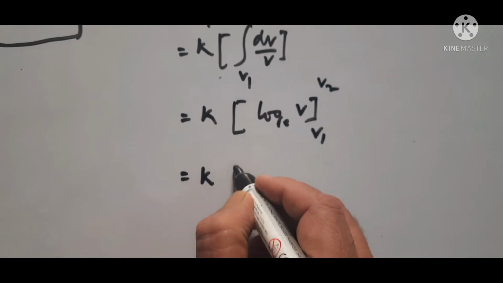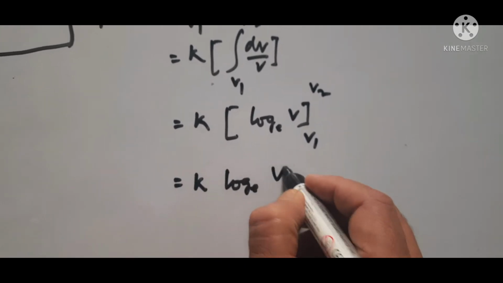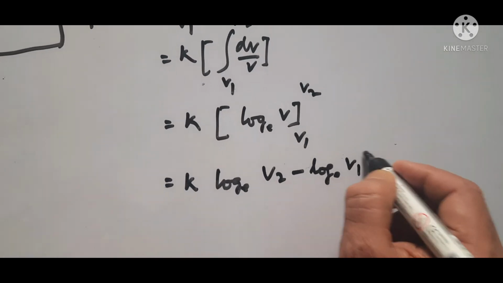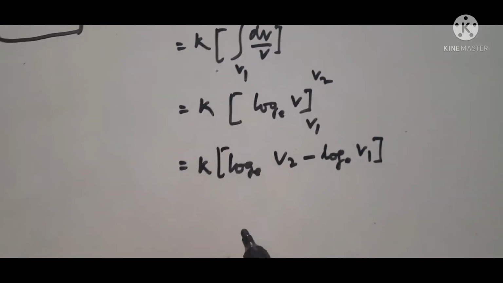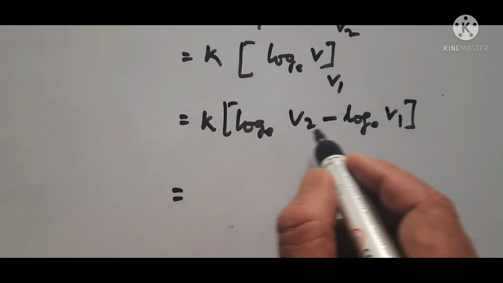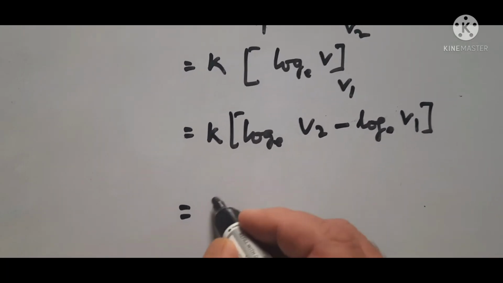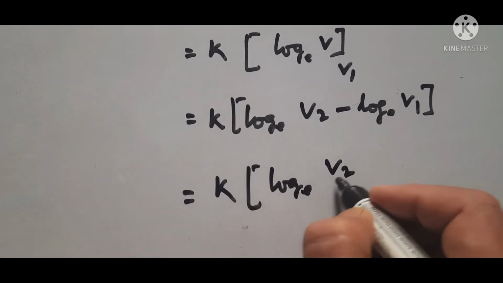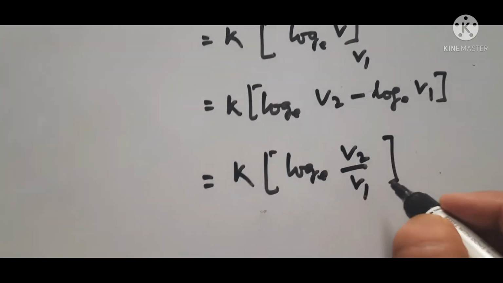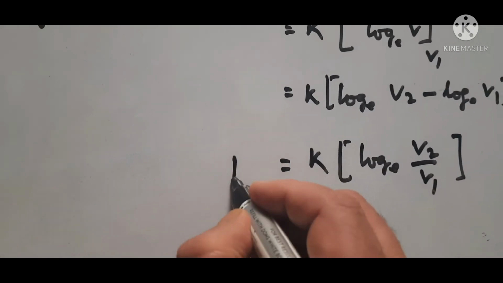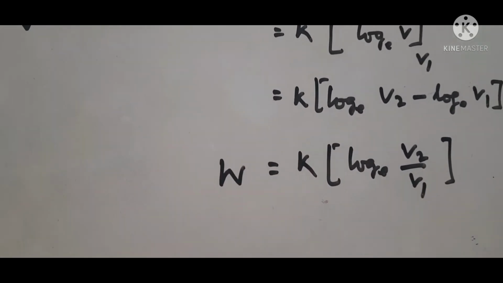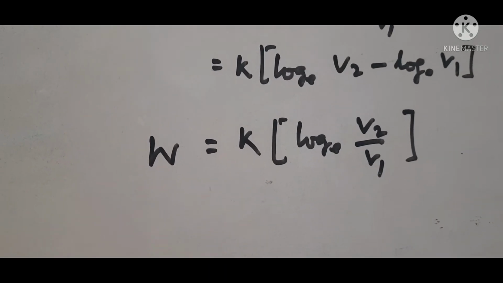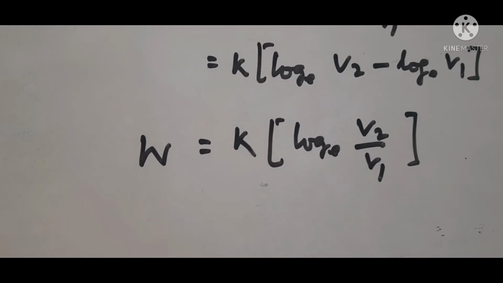That is K times log e V2 minus log e V1, upper limit minus lower limit. Now log M minus log N is equal to log M by N. K log e V2 by V1. That is your integration, and after integration, putting the value, we are getting the work done: K log V2 by V1.